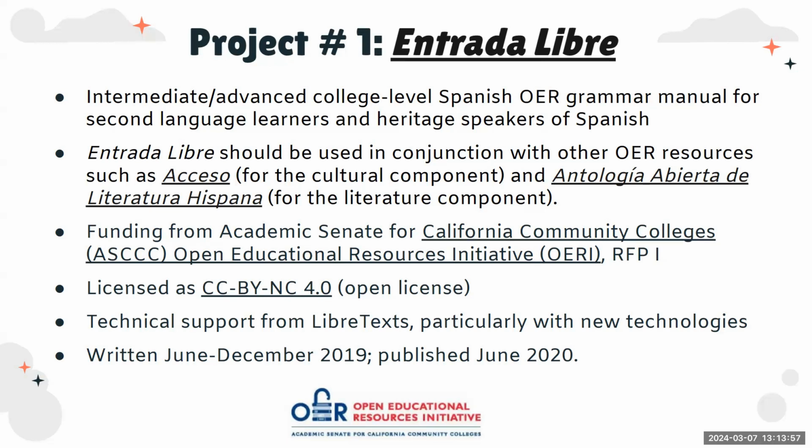We also tried to incorporate a few assignments for heritage speakers, especially in the OJO section, a small section in which we add a few tips on what happens with some spelling or some vocabulary that we notice with heritage speakers. So Entrada Libre goes very well with Acceso, and also Antología Abierta de Literatura Hispana for those of you who can teach higher levels.